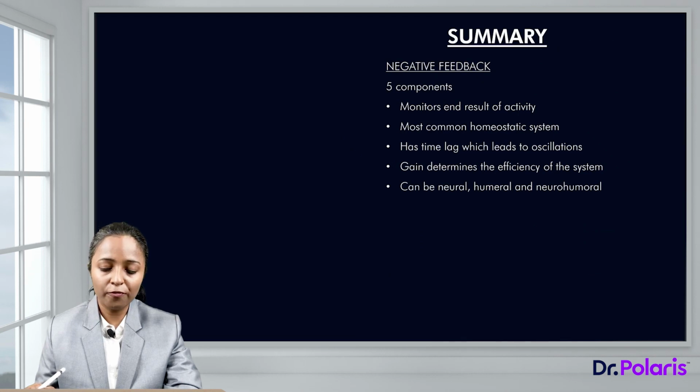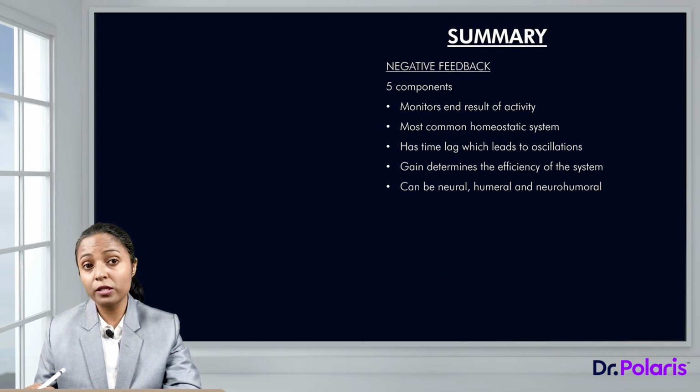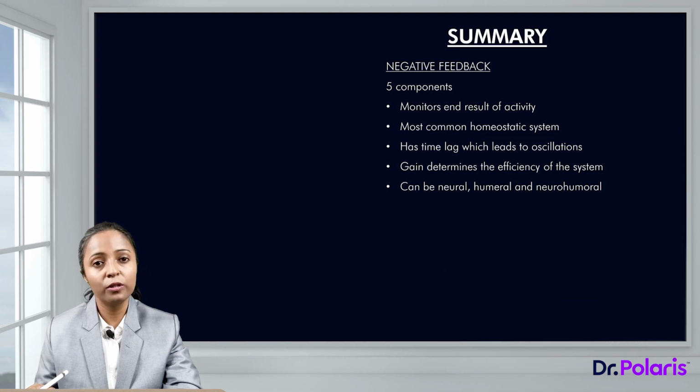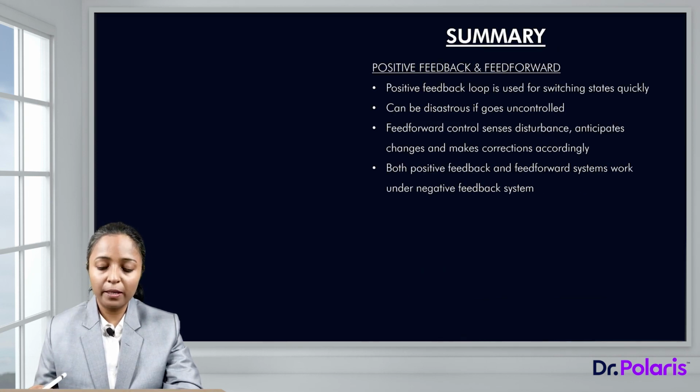So in summary, what we saw is there were 5 components of negative feedback system. It monitors the end result of activity continuously, and it is the most common homeostatic system. It has a time lag which leads to oscillation, then gain determines the efficiency of the system, and this feedback system can be neural, humoral or neurohumoral. Then positive feedback and feed forward work under a loop of negative feedback.